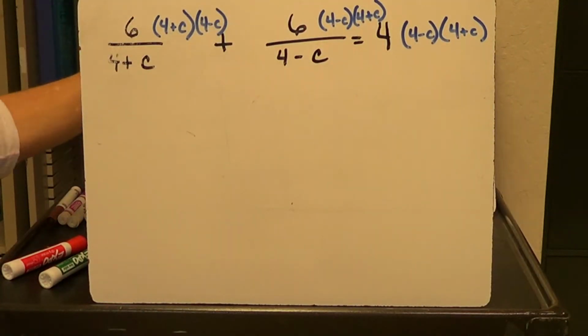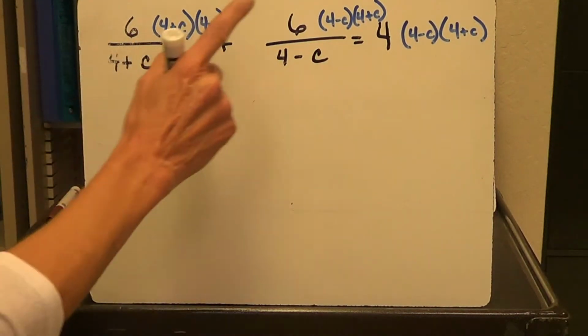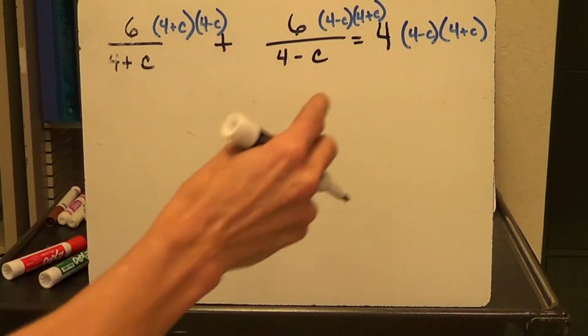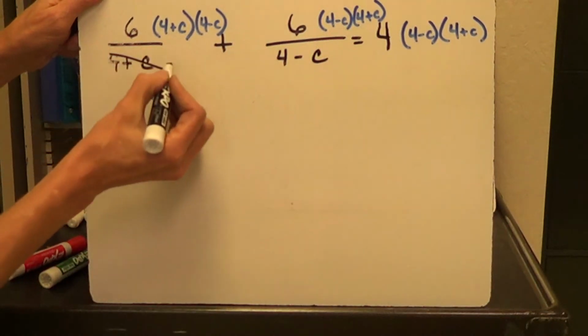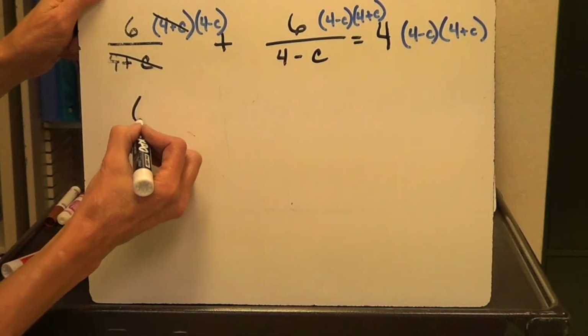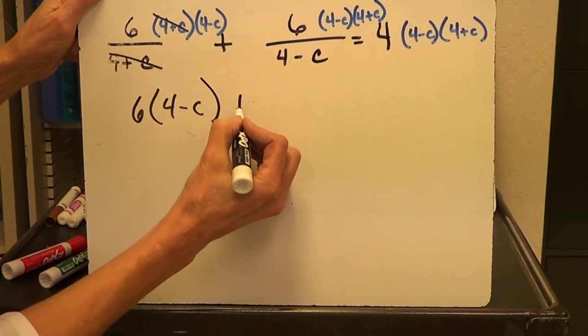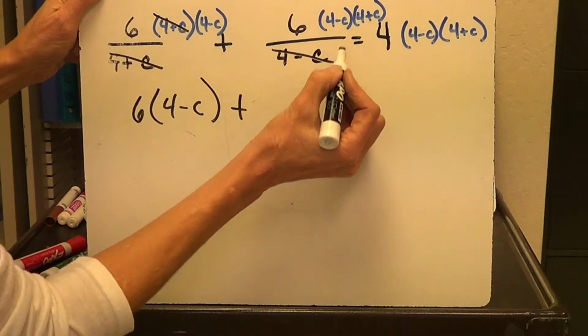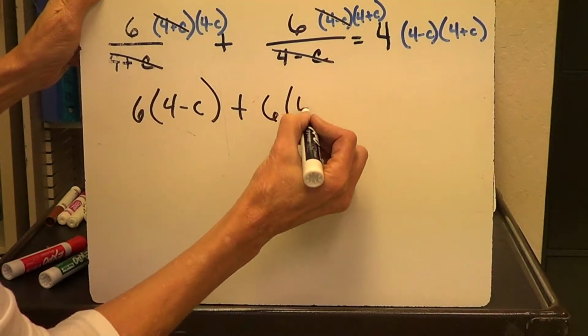So, first step in solving this, find my common denominator. 4 plus c, 4 minus c. My common denominator would be each of those factors. So this 4 plus c would cancel with that one. We get 6 times 4 minus c, plus 4 minus c cancels, and we get 6 times 4 plus c.